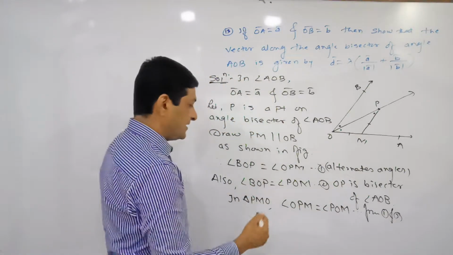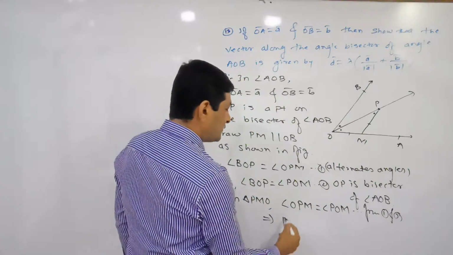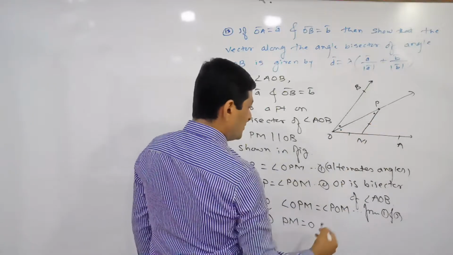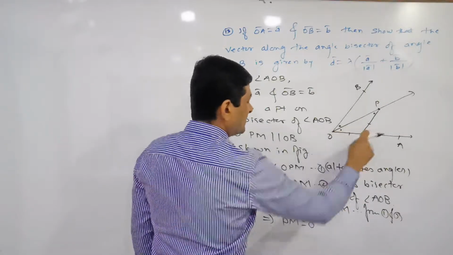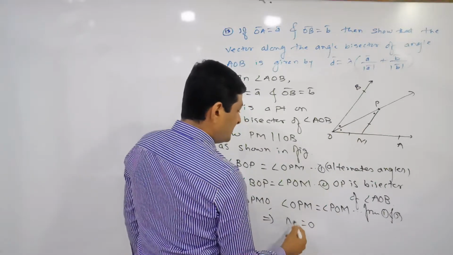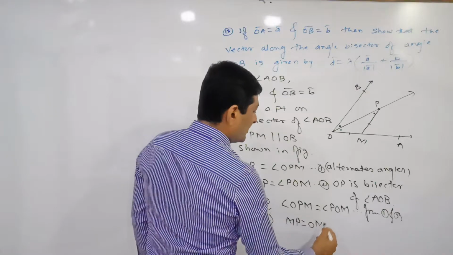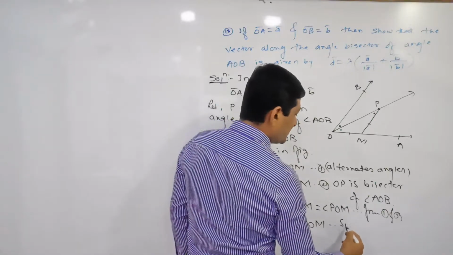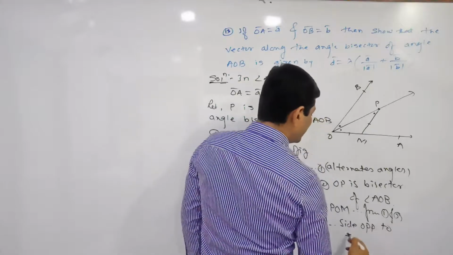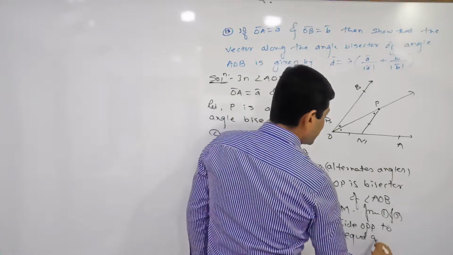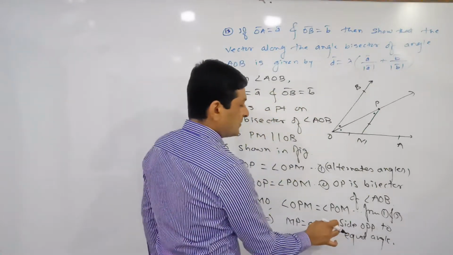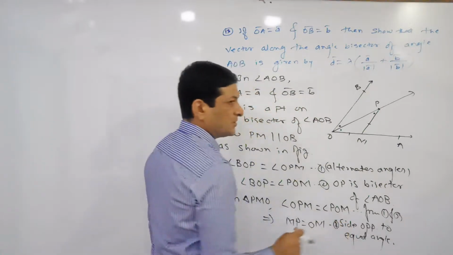So we can say that PM is equal to OM, or MP is equal to OM, since these are sides opposite to equal angles. So we have shown that the lengths of these two sides are equal. Let us denote it by equation number 3.